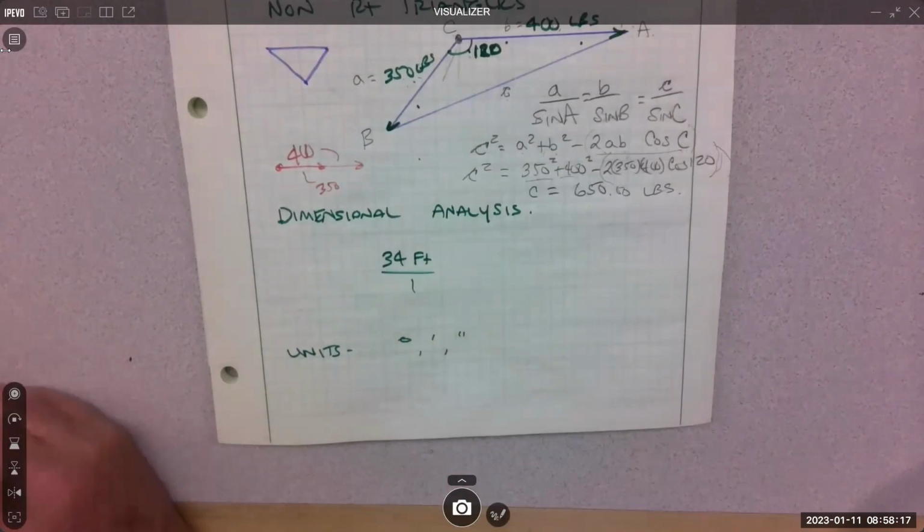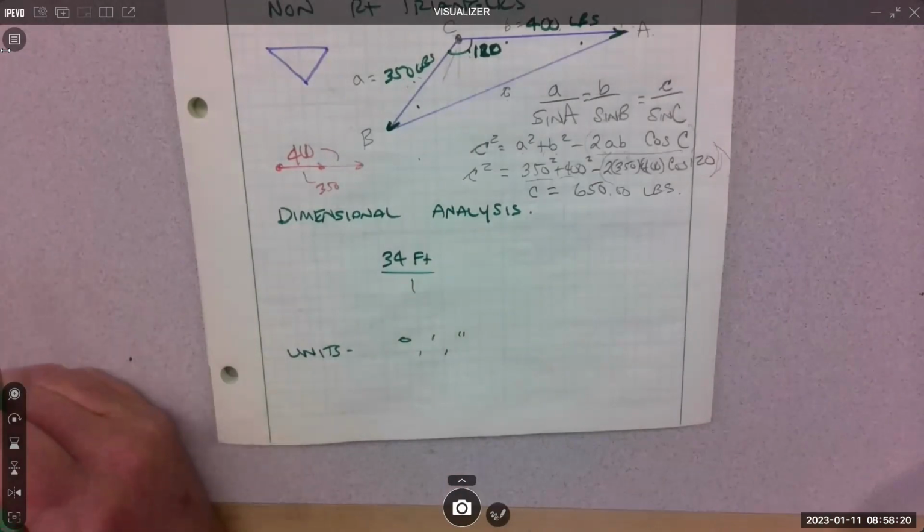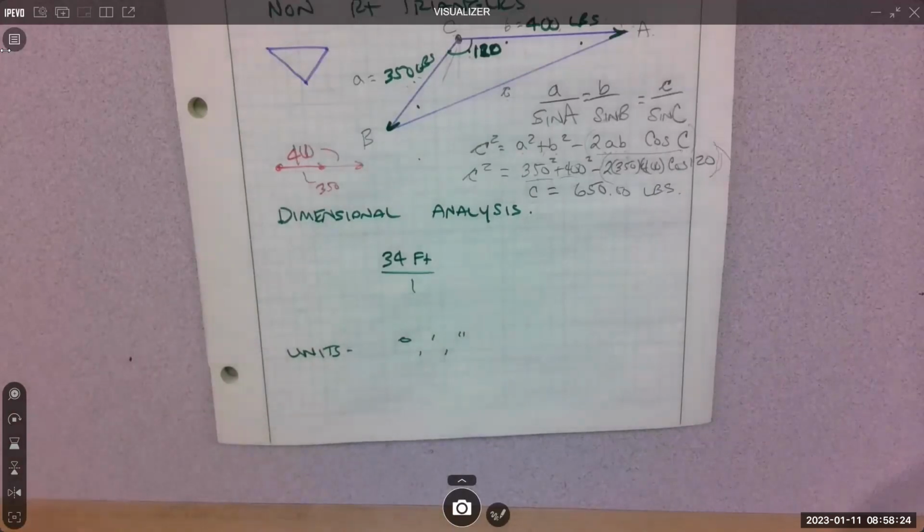Most of us know we just multiply by 12. But if it's a more complicated conversion or dimensional analysis, then you got to be able to write that conversion out and figure out how to get there. Like if I wanted 34 feet in centimeters, that's a different problem. I have to know the conversion though. Like what's the conversion from centimeters to feet?